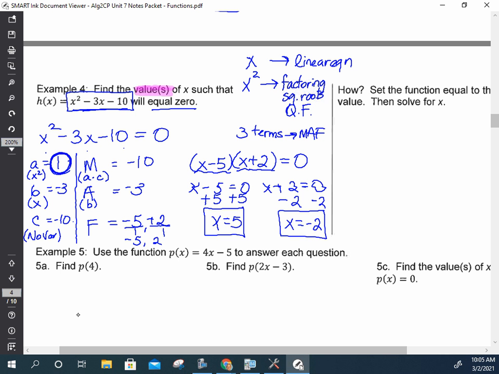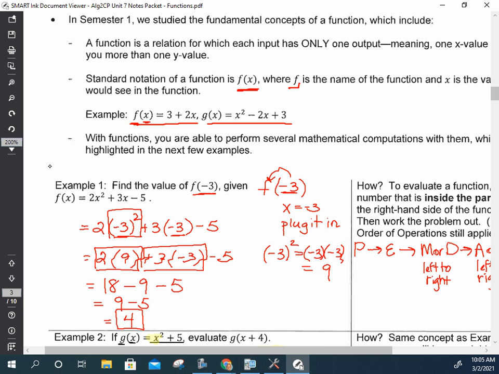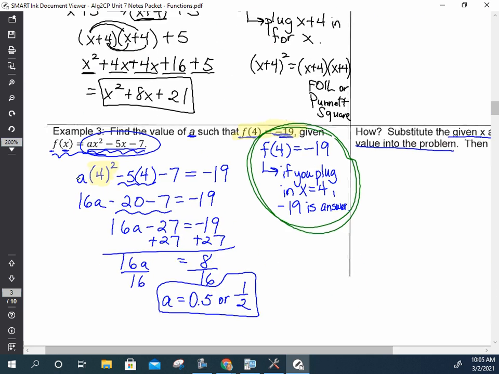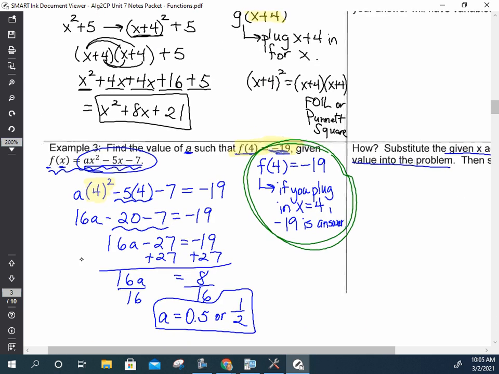So what I want you to take a moment to do, look back at examples 1, 2, 3, or 4. If there's any particular example that you want to see another example of, now's the time to let me know so we can do another example.